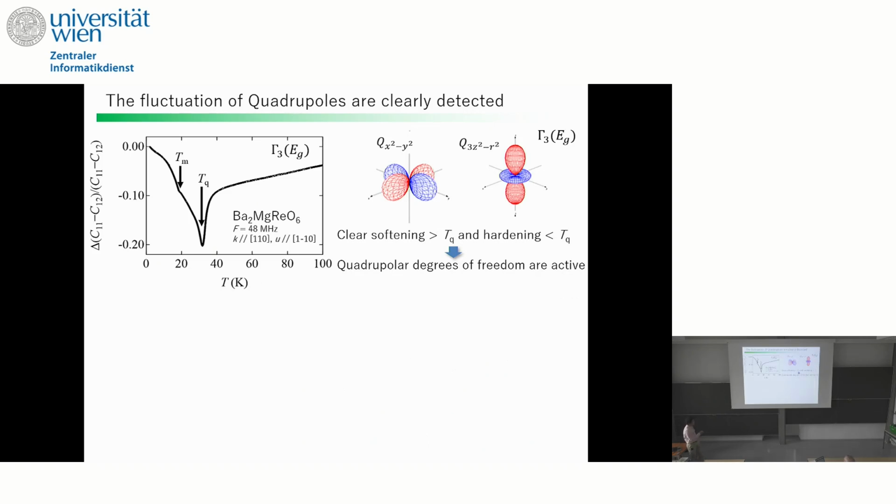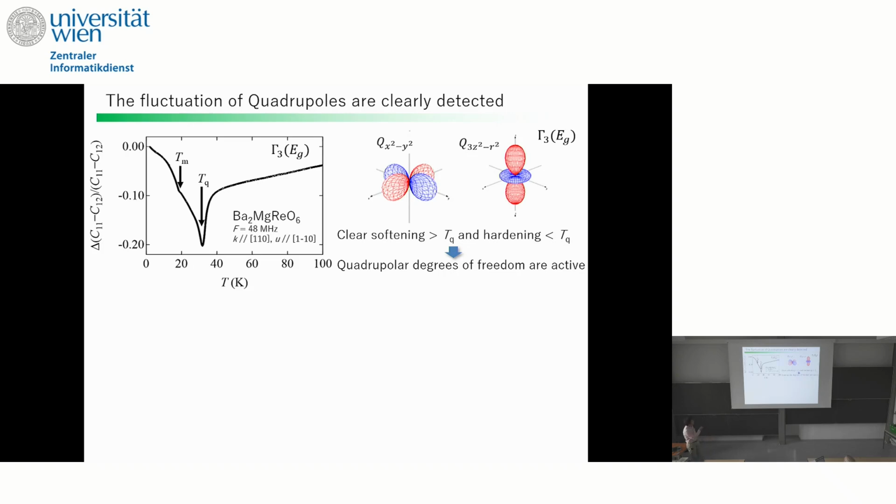So this is the result. Usually the material becomes harder and the elastic constant increases at low temperature. This is a usual behavior. But in this case, we saw clear softening toward TQ. So this means quadrupolar fluctuation increases toward the transition temperature of quadrupole order.